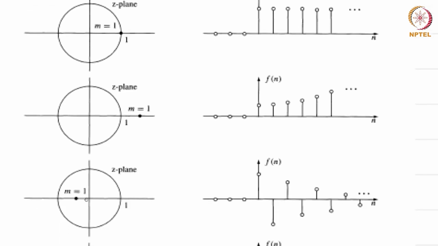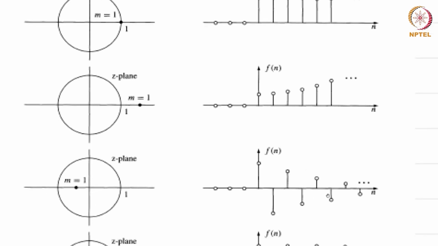And if the pole were here, between 0 and minus 1, this could correspond to an example like minus half whole to the n. Minus half whole to the n is minus 1 to the n times half to the n. So, you have the exponential decay, but terms alternate in sign.